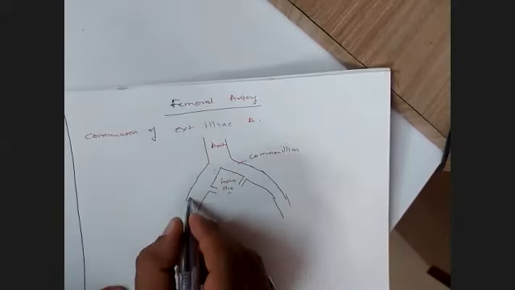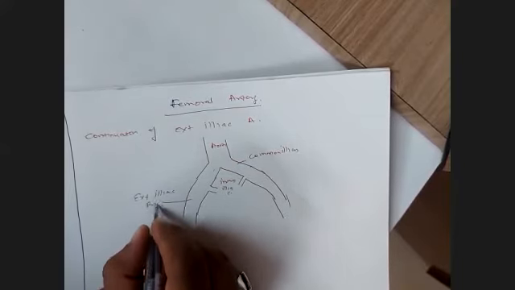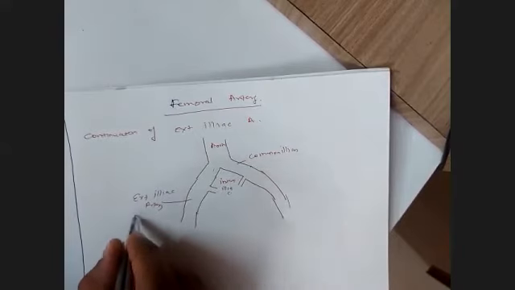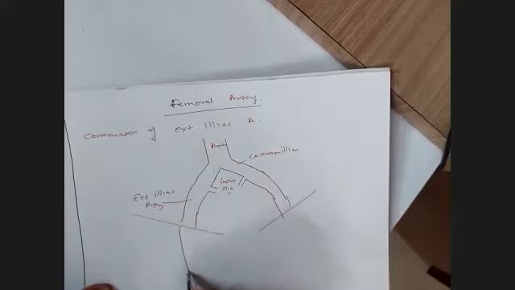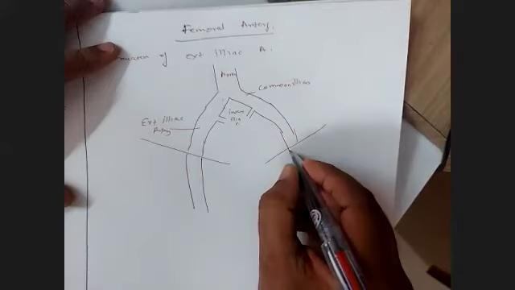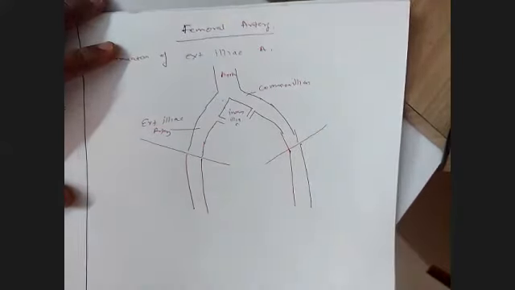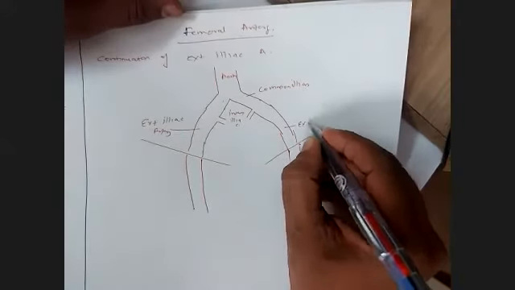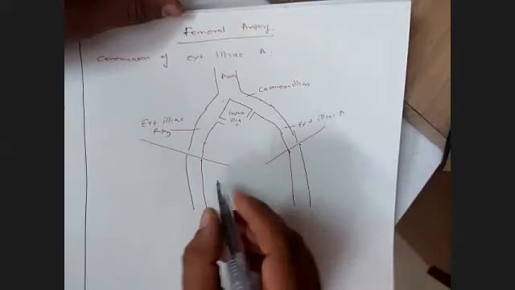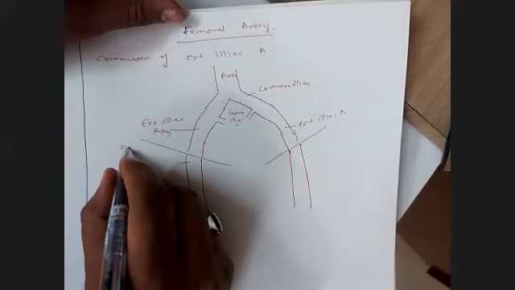These external iliac arteries, when they cross the inguinal ligaments on both the sides, become femoral arteries. So same artery, like subclavian artery crosses the outer border of the first rib and is now called axillary artery. External iliac artery, when it crosses the inguinal ligament, is called femoral artery.